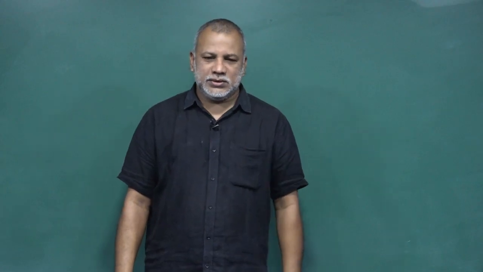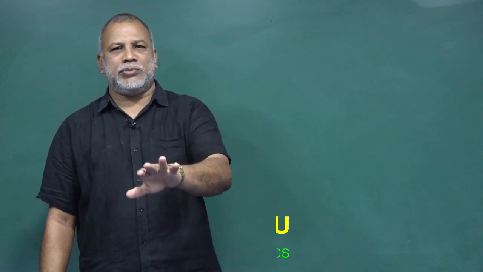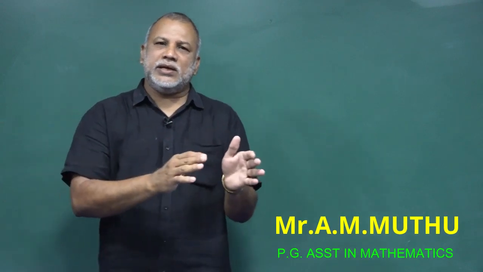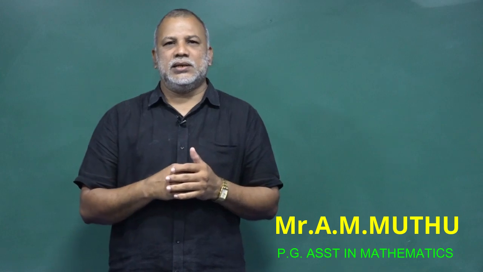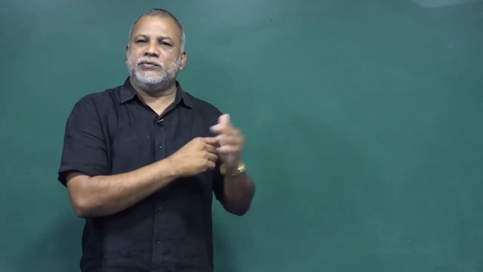Good morning, students. So far we discussed some problems based on the hyperbola. What are the types of the problems so far we discussed? If the equation of the hyperbola is given, we are able to find center, foci, vertices, directrices, like that results from the given equation. Another type, some data are given.